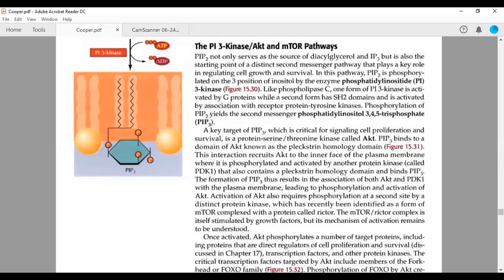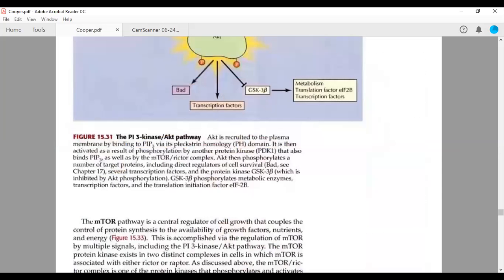It is the PTB domain actually, phosphotyrosine binding domain. Sorry, I forgot.